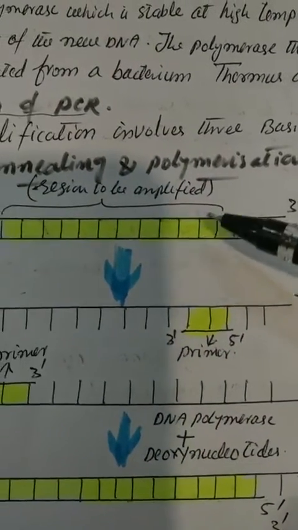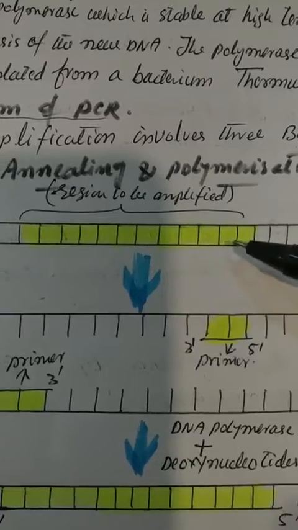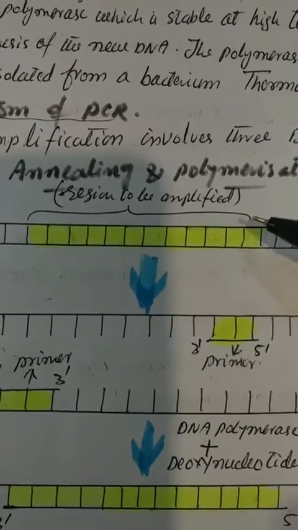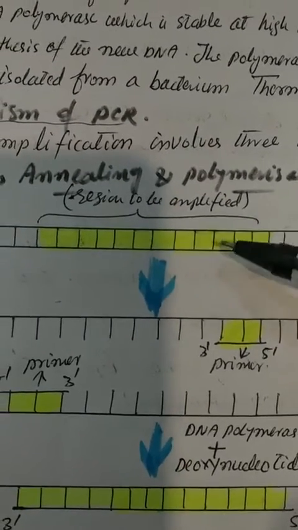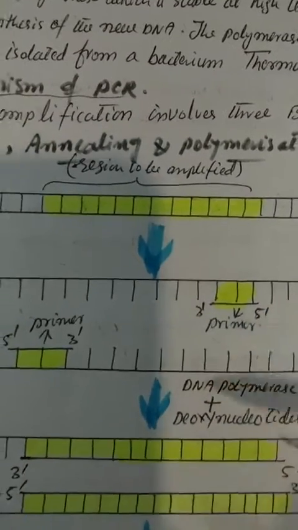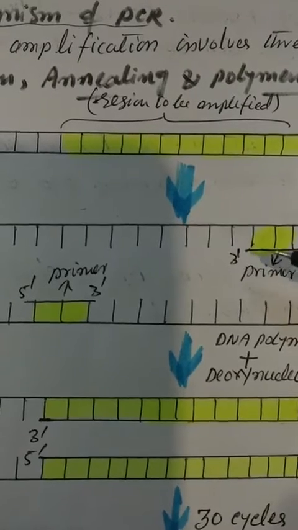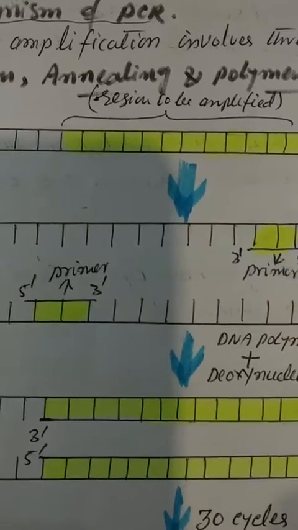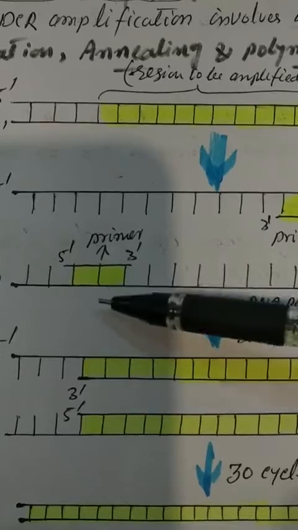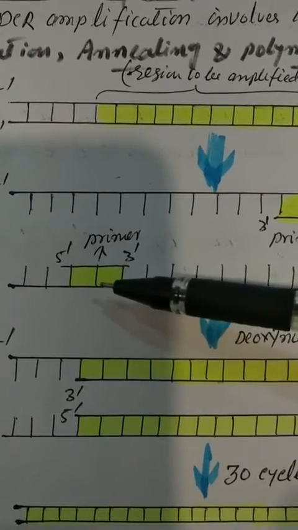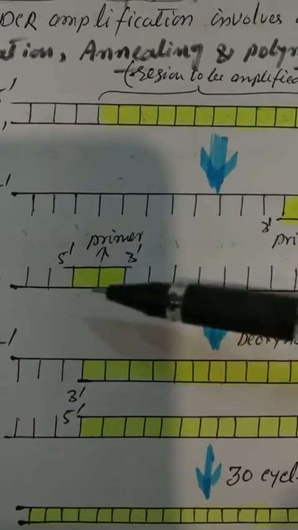First, this DNA is heated up to more than 90 degrees Celsius, by which the two strands are separated. Then primers get attached to each strand, and they are oriented in such a way that they complete the formation of the DNA strands on both strands of the DNA, from 3' to 5' or 5' to 3' end.